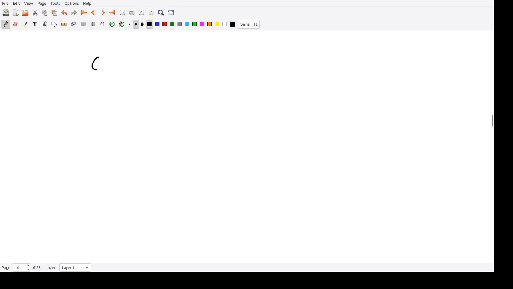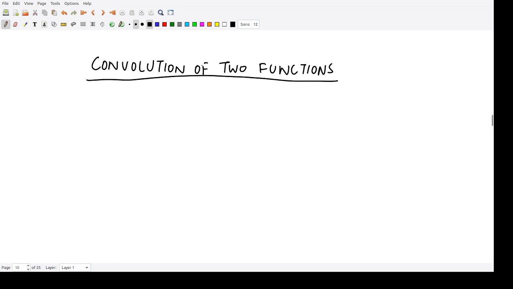So first thing is the convolution of two functions. What would be the convolution of two functions? Suppose I have one function as f of t, another function as g of t, and now I want to perform the convolution of these two functions.